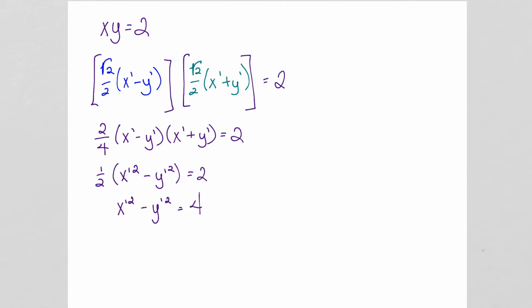And in order to make this a conic in standard form, we need to get this 4 to be a 1. So divide everything by 4. If we do that, then we've got x prime squared over 4 minus y prime squared over 4 equals 1. Now we can tell what this thing is. Since there's a minus in the middle, this must be a hyperbola.